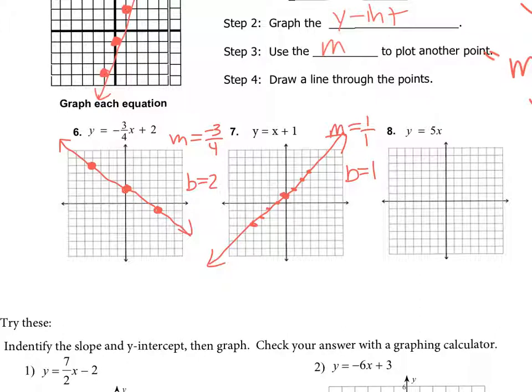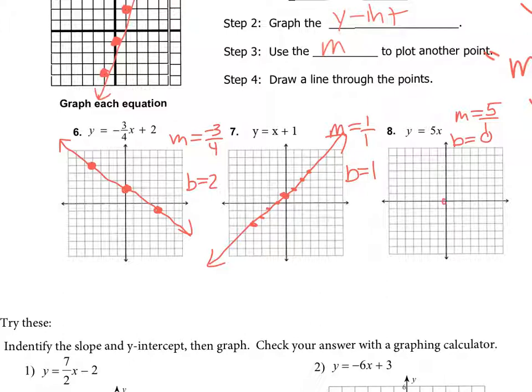There's your slope there. Okay, number 8, M, the number in front of X, is 5 over 1. What's my B here, guys? If I had to put a plus something back there, that would not change the equation. What would it be? Plus 0, right? So my B here is 0. If it's missing, it's 0.